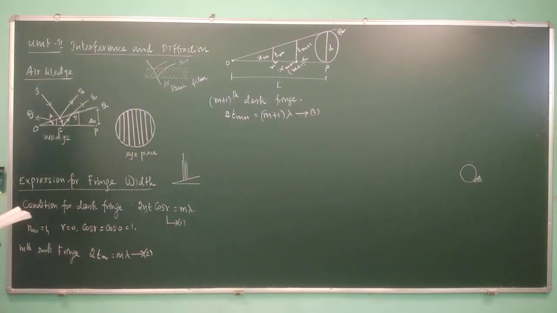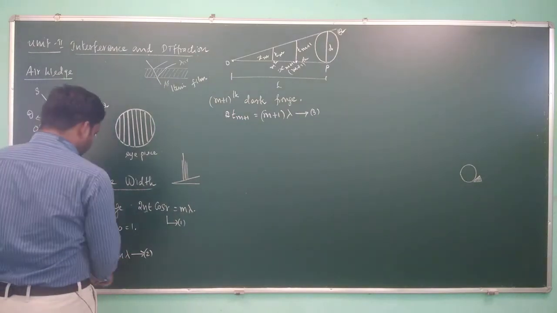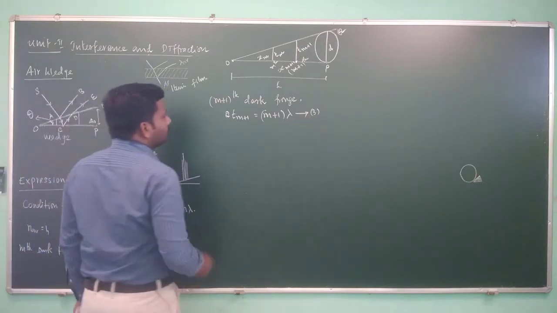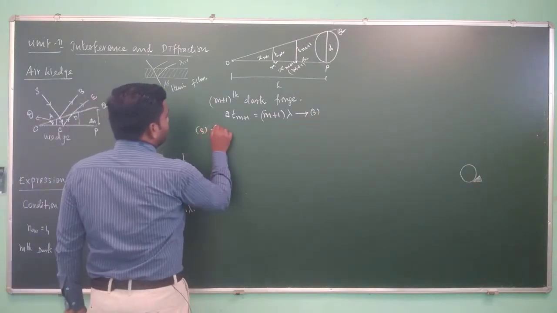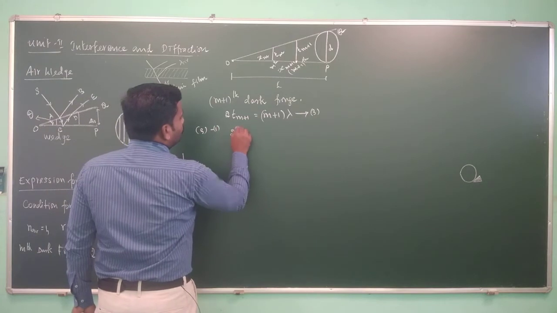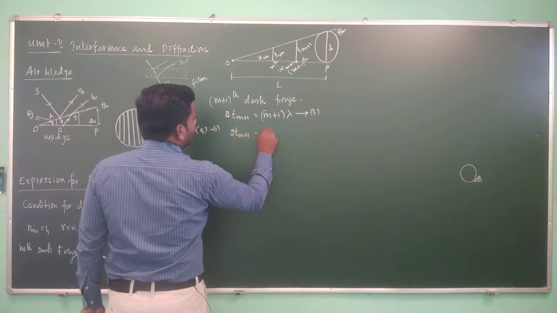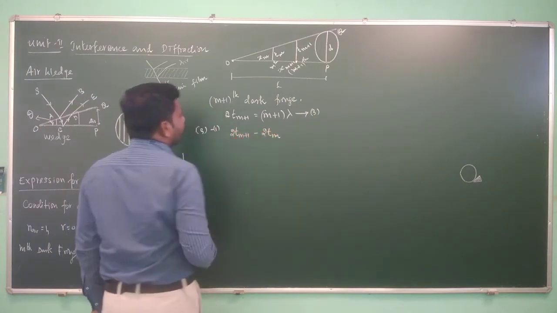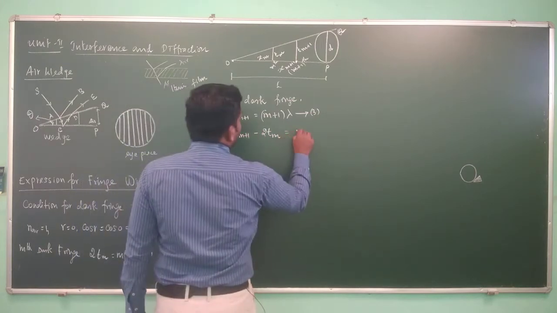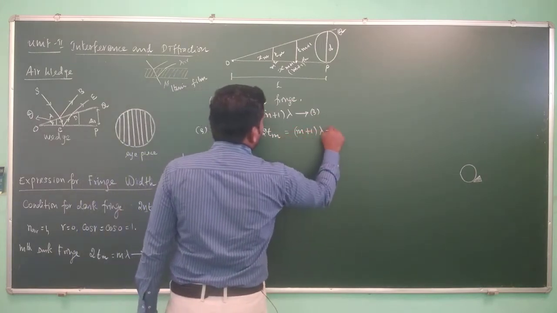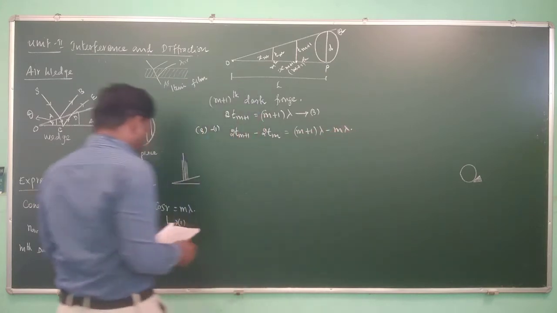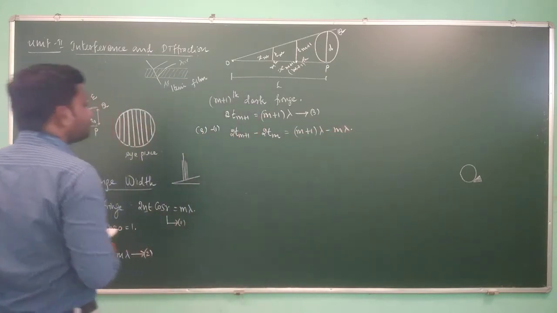Now, subtracting equation number 2 from equation number 3, we can write 3 minus 2. So 2t m plus 1 minus 2tm equals, on this side, m plus 1 lambda minus m lambda.